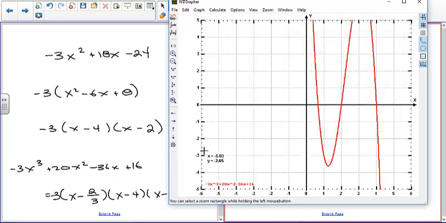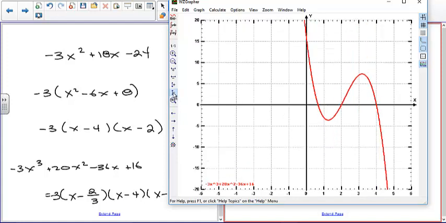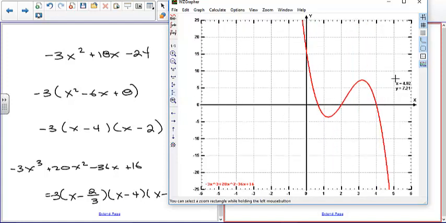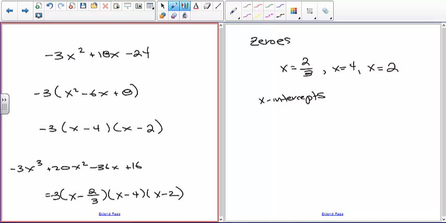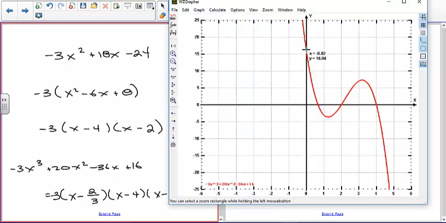So you can see there, I've got three x-intercepts. If I zoom out in the y direction, I get that. Notice the y-intercept is 16 because that term there is 16. We've got one intercept here at x equals 2/3.